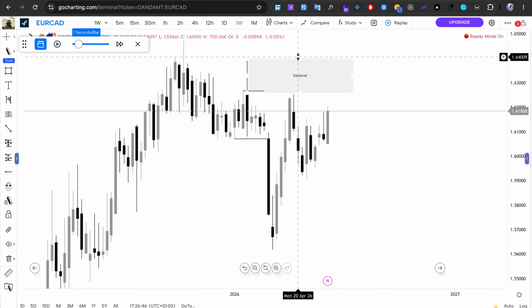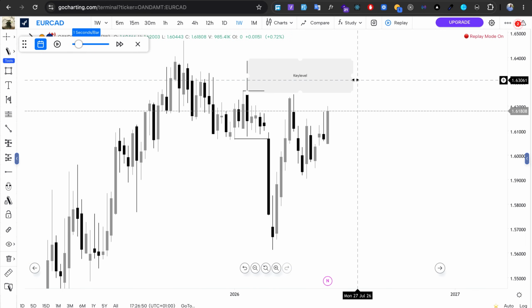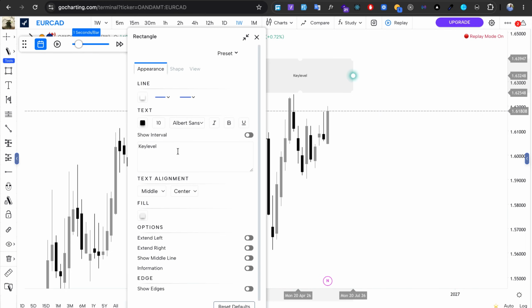This key level is a weekly rejection bar block. But if you go lower to like daily, you see a proper daily OD.